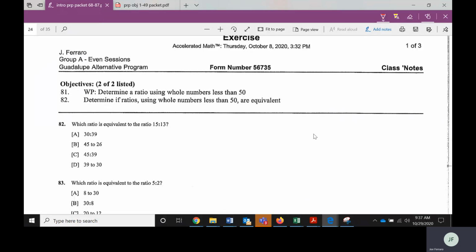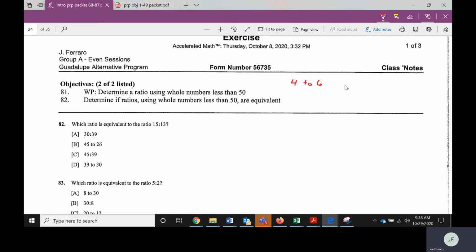So what a ratio is, basically, is just comparing two values, okay? And there's a couple different ways of writing it. That's just what I'm going to write on the side over here. So a ratio can be written out with the word "to" in the middle.